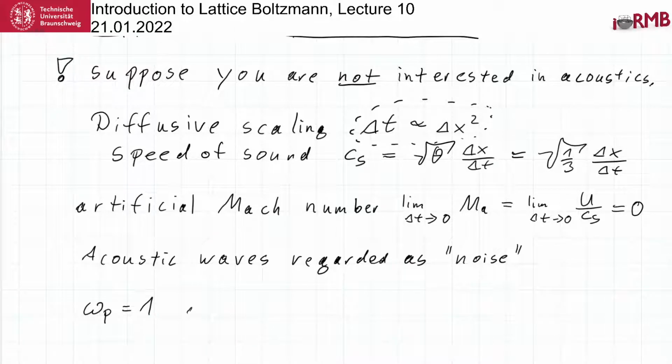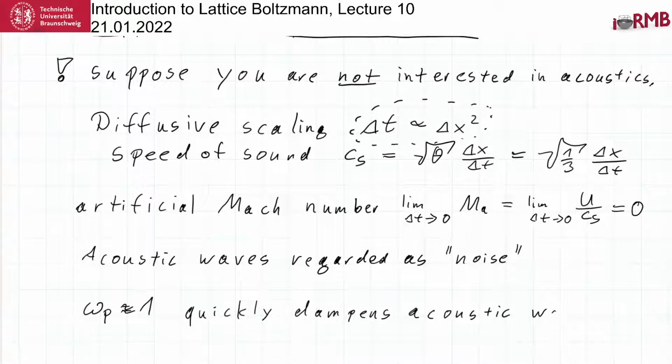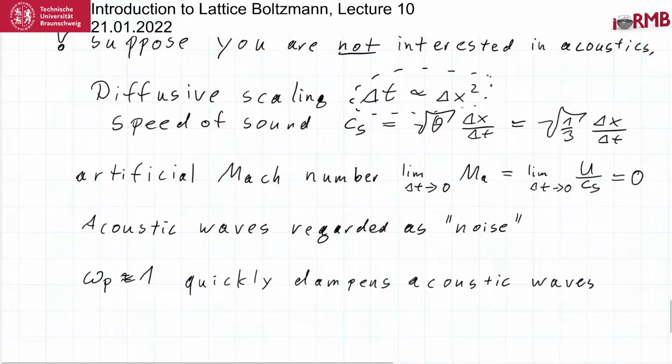So, and if you do this, this usually leads to quick dissipation. So omega p equal to 1, or say, okay, let's say close to 1. So this leads to quickly dampening acoustic waves. So, and this is a way you can remove them.